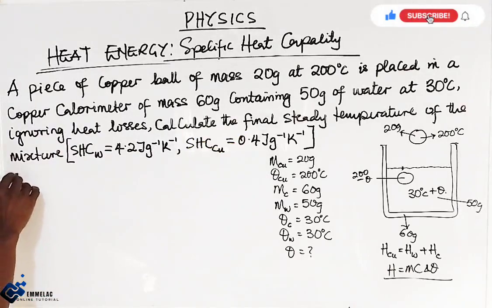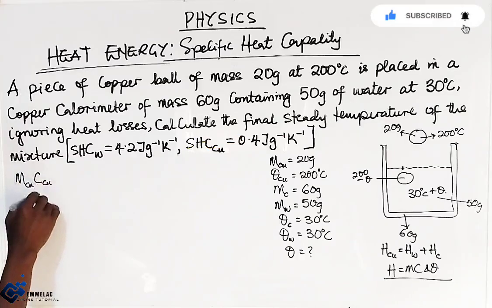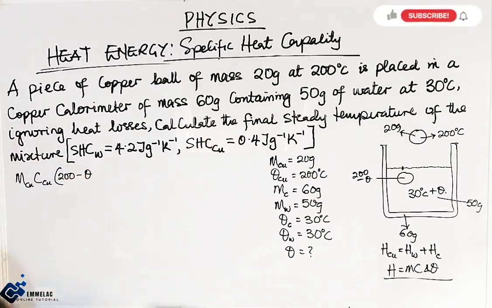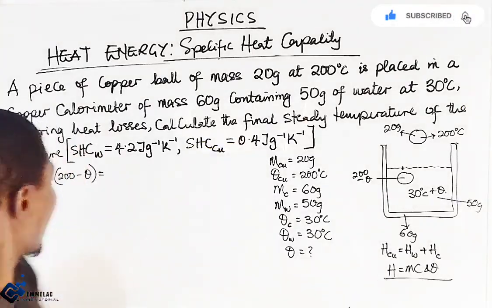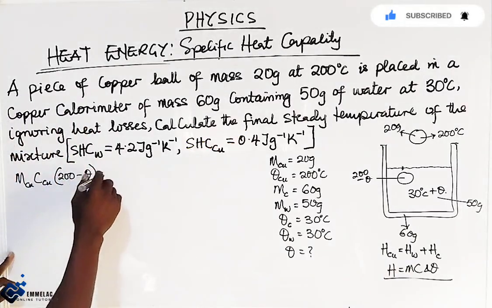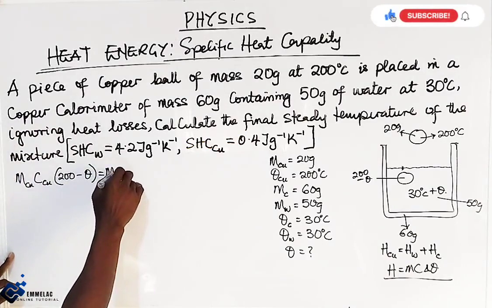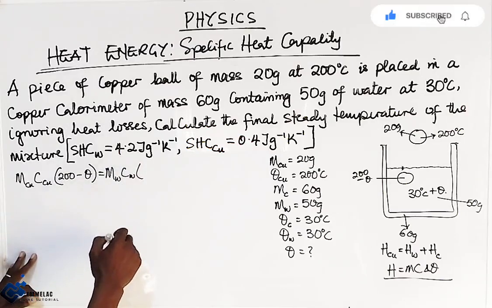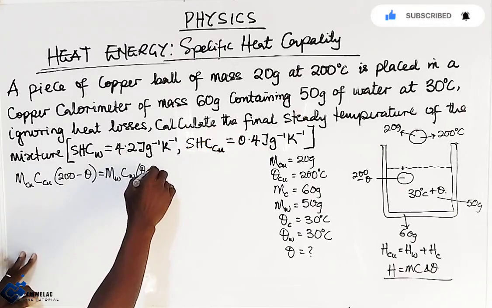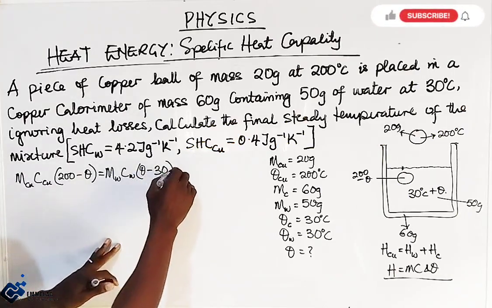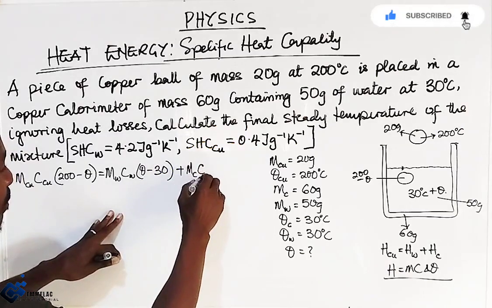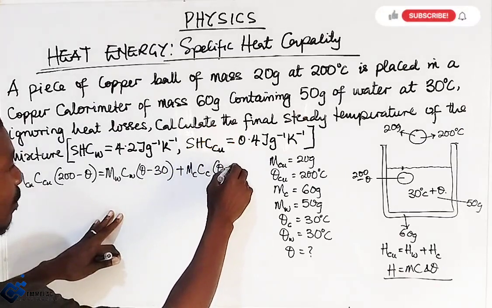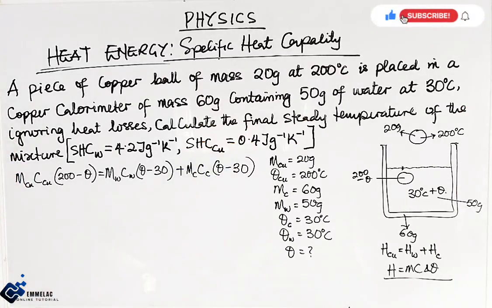For copper first, we have m_Cu c_Cu times 200 minus theta, equals, for the water, the mass of water times the specific heat capacity of water times the final temperature minus 30, plus, for the copper calorimeter, the mass of the copper calorimeter times the specific heat capacity of the calorimeter times the final temperature minus the initial temperature. Now let us start solving.